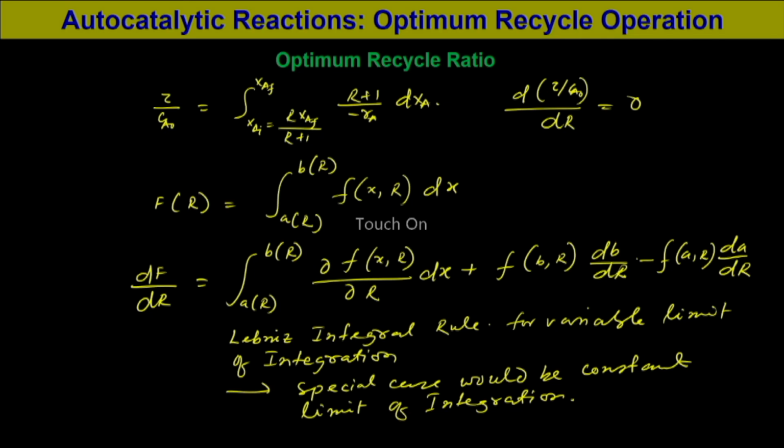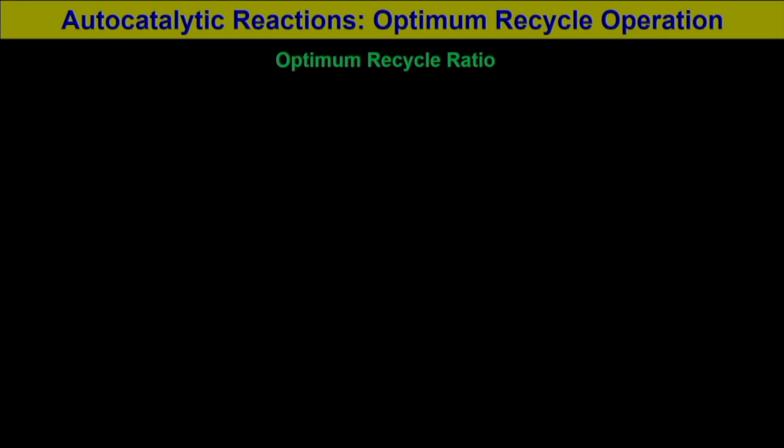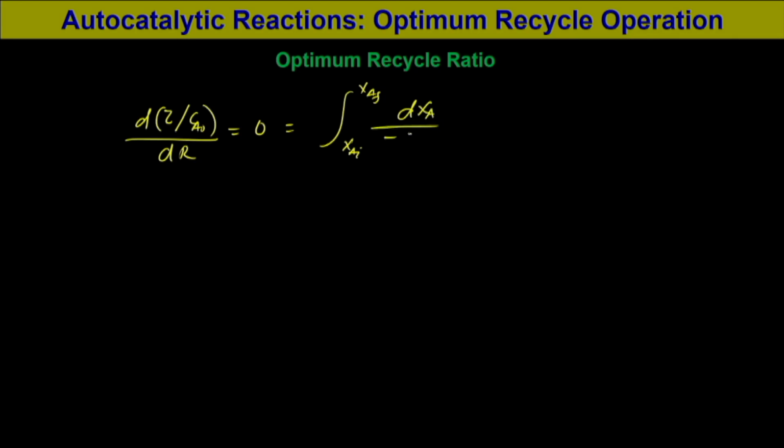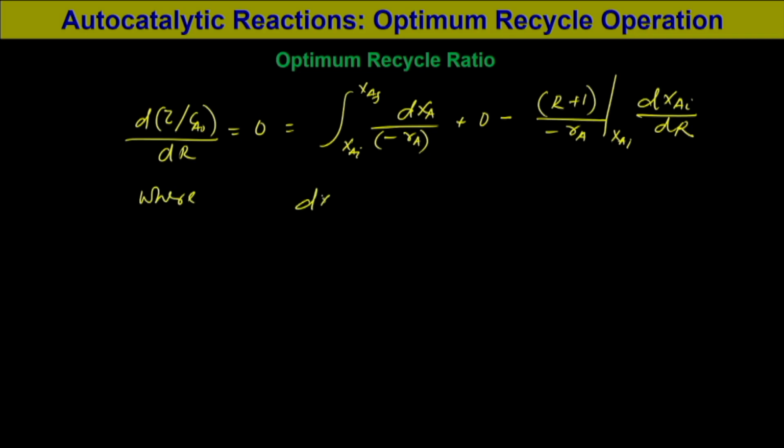Now, if we apply this same thing in this case, d of tau by Ca naught by dr would be equal to 0, equal to the integral from XAi to XAf of dXA by minus rA, plus 0, minus (r plus 1) divided by minus rA at XAi, times dXAi by dr, where dXAi by dr is equal to XAf by (r plus 1) square.